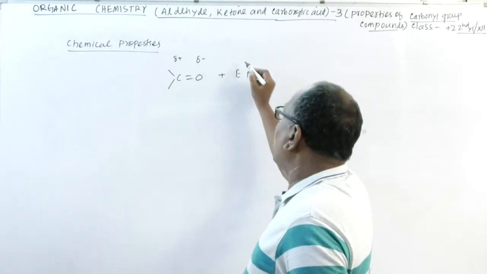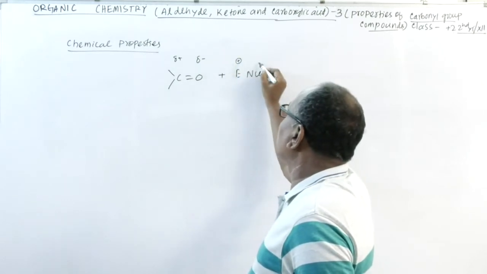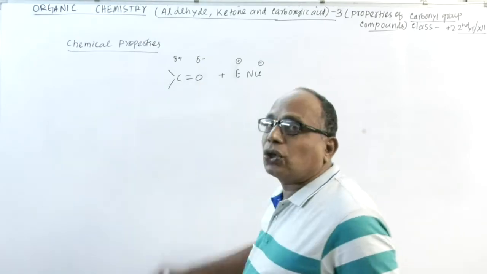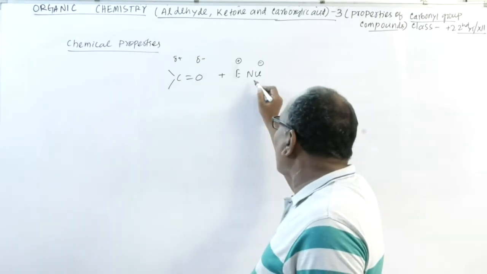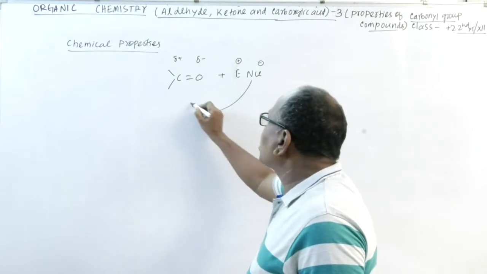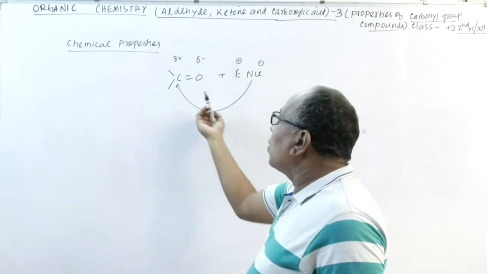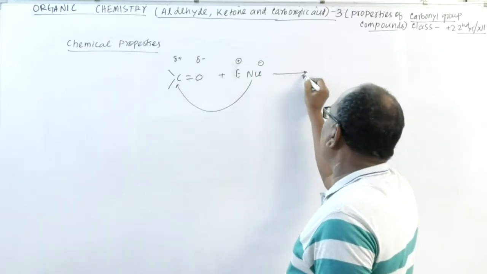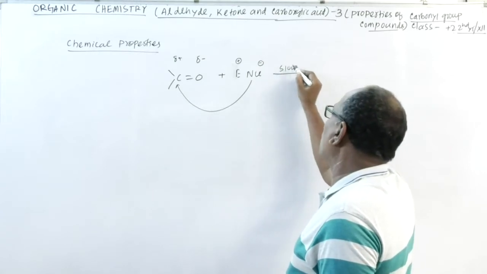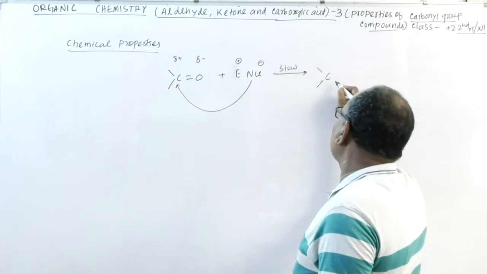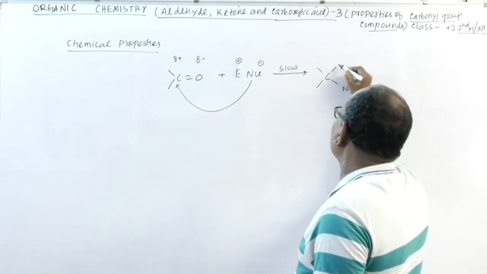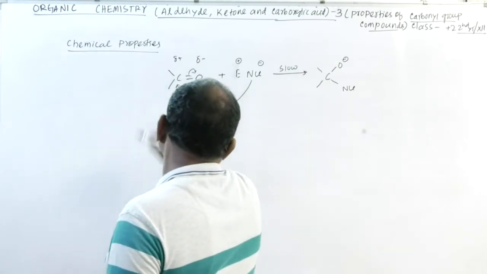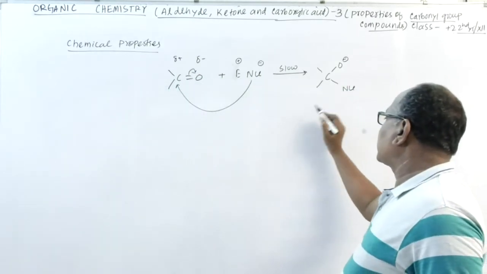The electrophilic part has positive charge, the nucleophilic part is the negative part, and it's a trigonal planar structure. So this nucleophile will attack this carbon atom below the plane or above the plane to form a reaction intermediate. This is what step? Slow step, that is C Nu, this is your O minus. When you attack here, this electron comes to this side. And this is called the reaction intermediate.